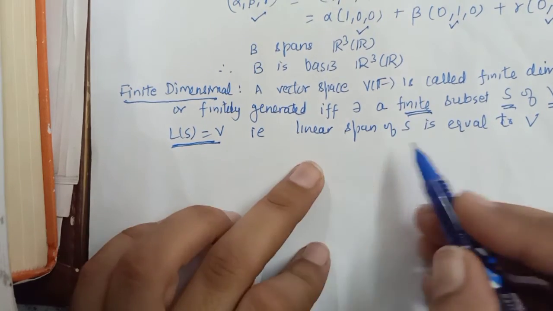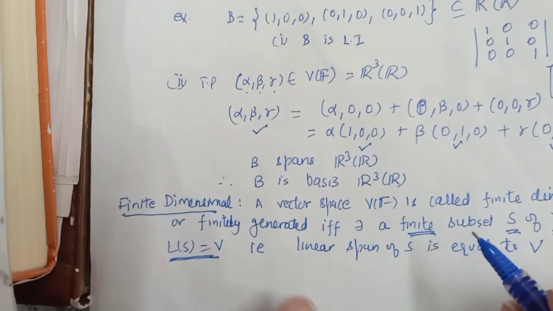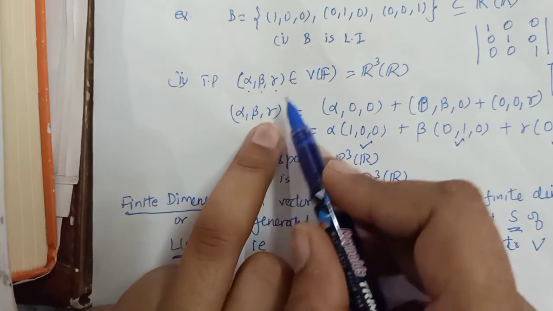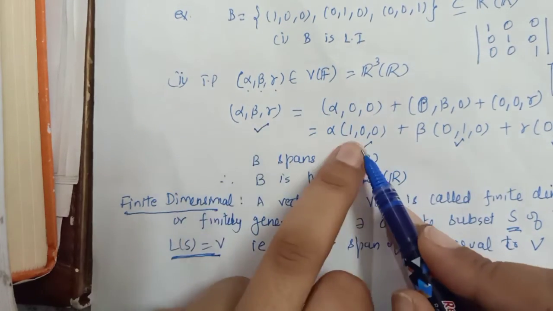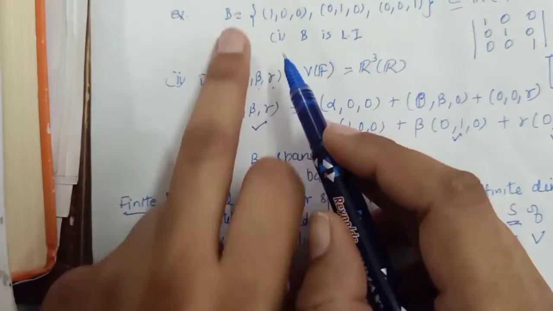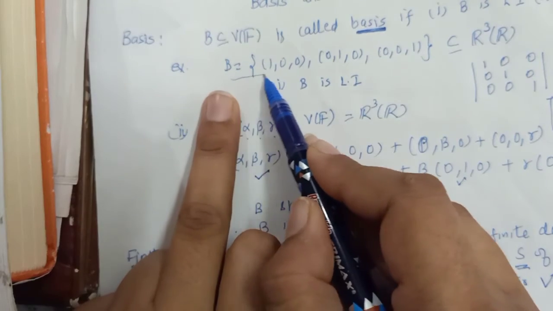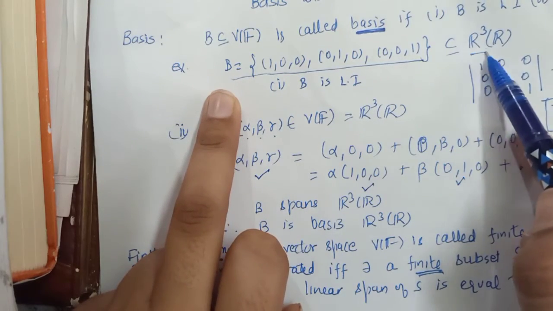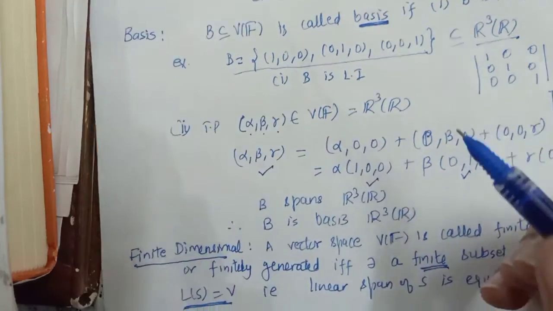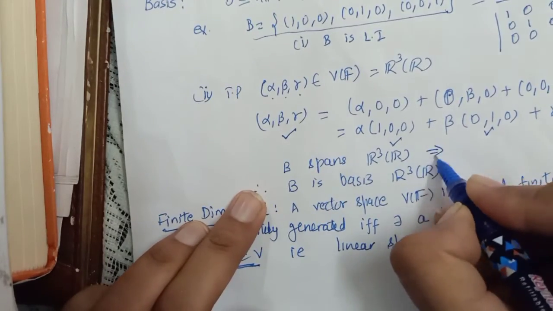So in general, as we have observed earlier in this example also, a general element from V over F can be written as linear combination of elements of this set B. So all the elements of this R cube over R are in linear span of B. So we wrote this line, no?